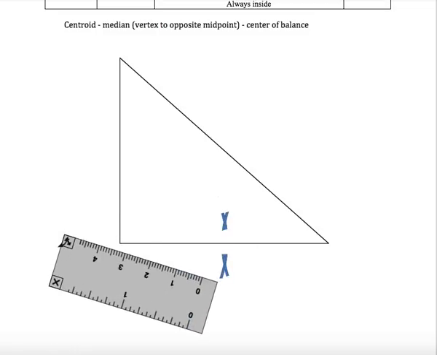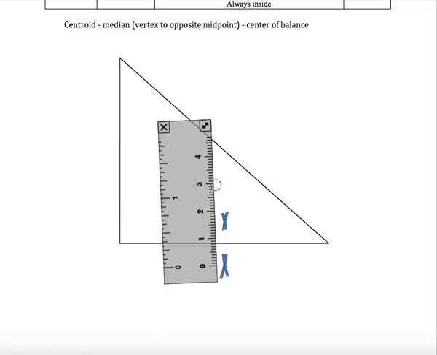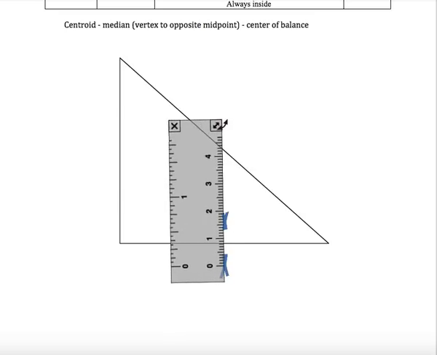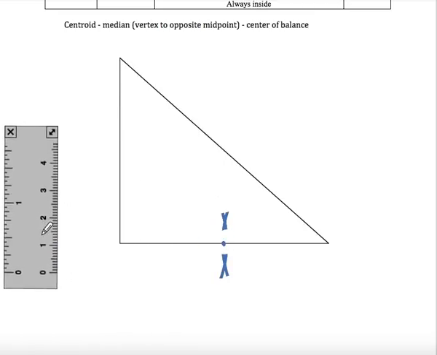So to get that midpoint, I line up my straight edge with those intersections of the arcs, and the midpoint is going to be the point on that line where it crosses the side. So this right here is the midpoint of that side.